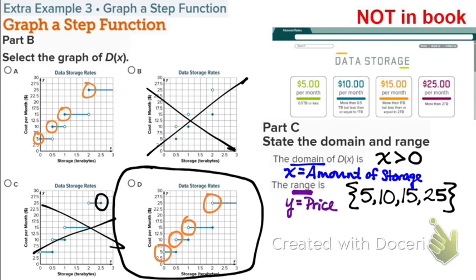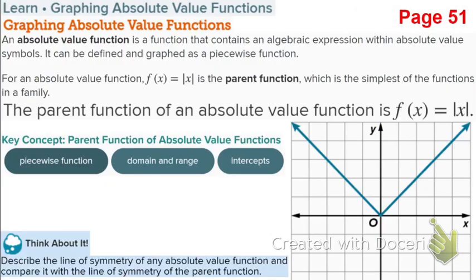The last kind that we're going to talk about today is called an absolute value function. Page 51 in your books. Absolute value function. Does anybody remember from Wednesday on our bell work, we defined what absolute value means. Does anybody remember what absolute value is? It is sometimes going to be a whole number.